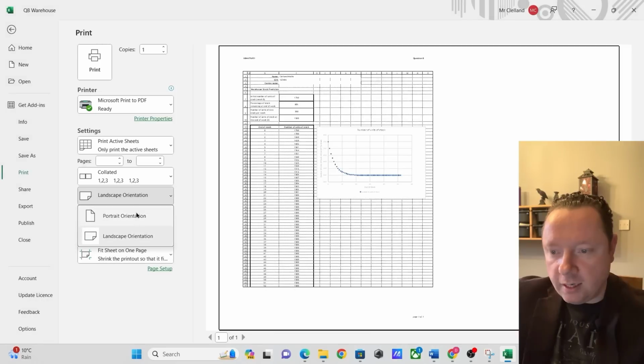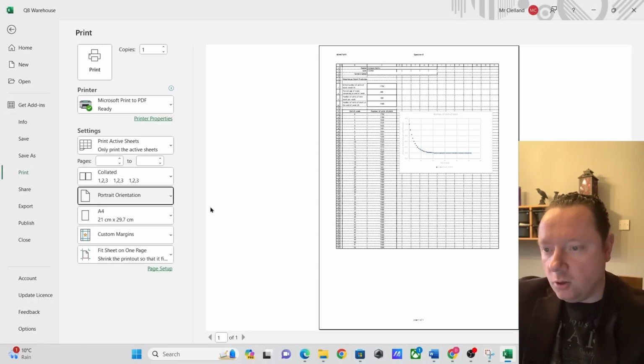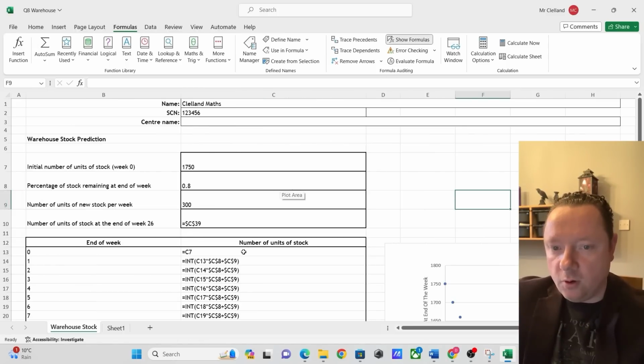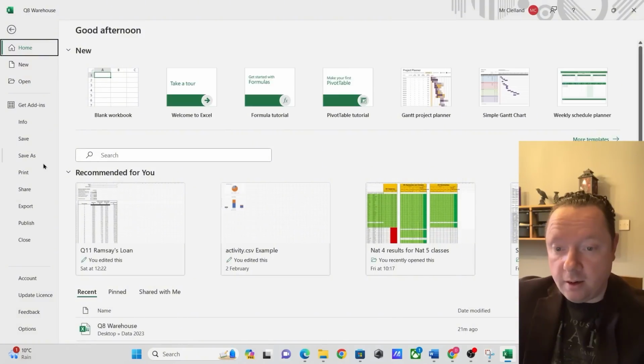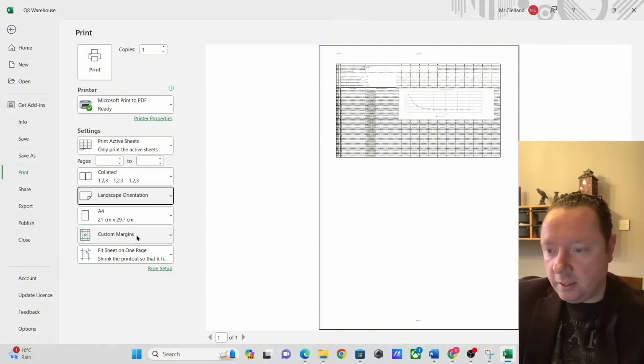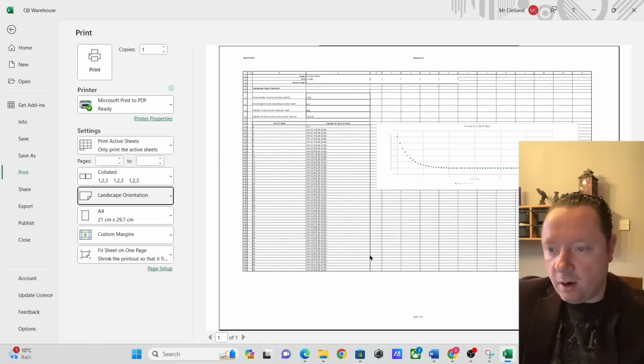Check if portrait gives you a nicer view. Either of them, portrait looks better to me. So I would print that. And then to get formula view, for mine, I go to formulas, show formulas, and it shows you all the formulas you've got in there. So basically you can mark that, print again, and probably this time you'll want to put it on landscape so you can see it better. But there you are, and then you just print it off, and we're done there.